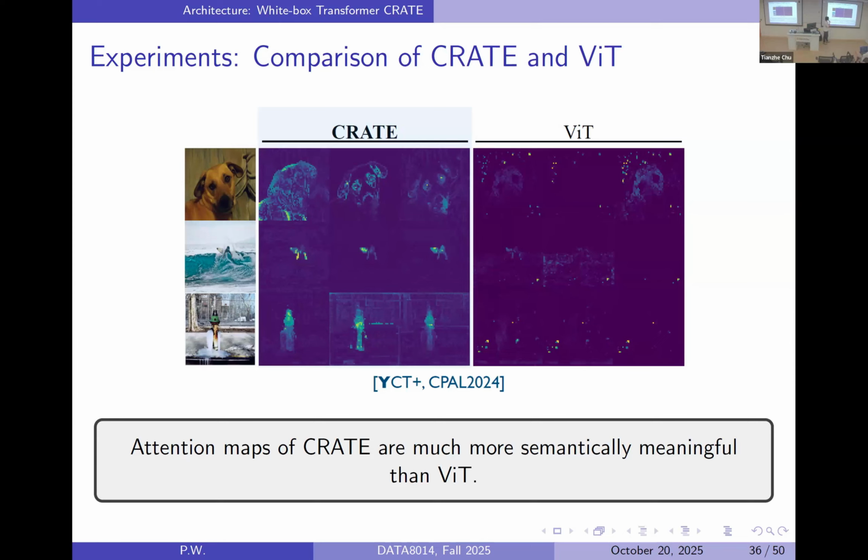And when you visualize the attention score of the ViT, you will find that, compared to the ViT, attention maps of CRATE are much more semantically meaningful. Okay. Just some empirical evidence to support our theoretical development.